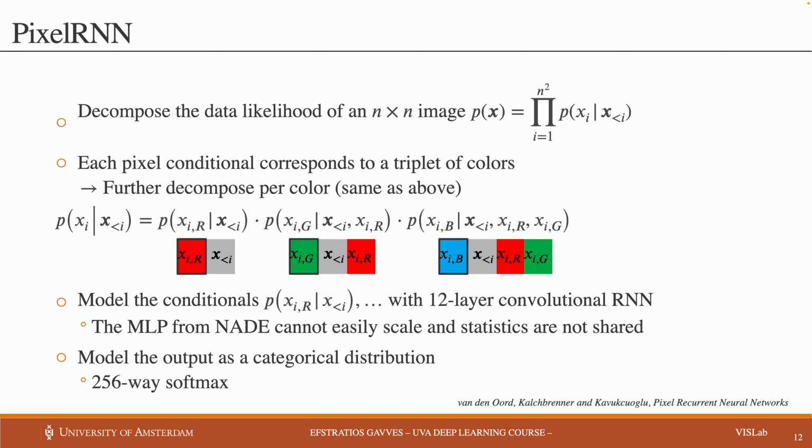Since this paper was specifically for images, you've got 256 values for each color channel. So the output is categorical. They use a softmax to pick one of the values in the outputs. So it's a 256-way softmax. Clear?